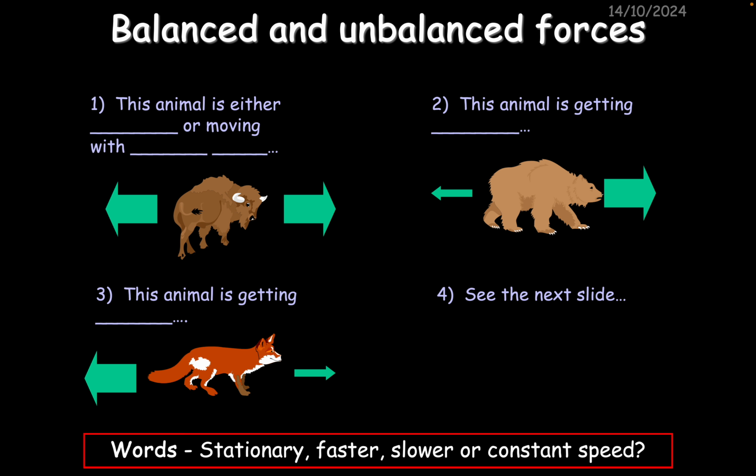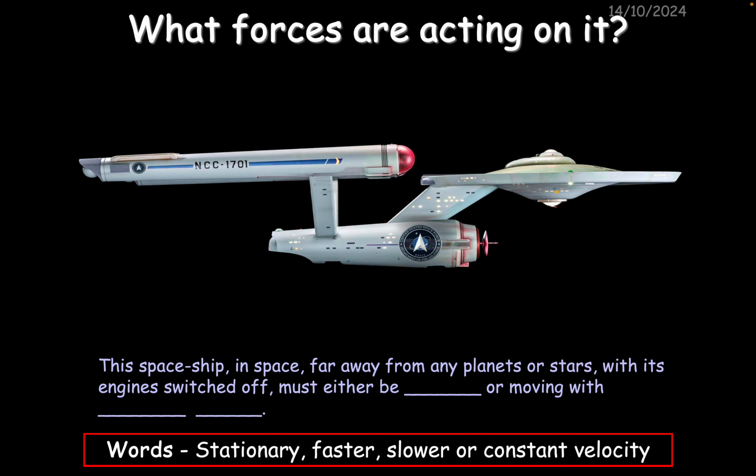Okay? So what about this spaceship? What forces are acting on it? If it's in space far away from any planets or stars, so any gravitational field will be far away, and it switches its engines off, it must be either stationary or moving with constant velocity.